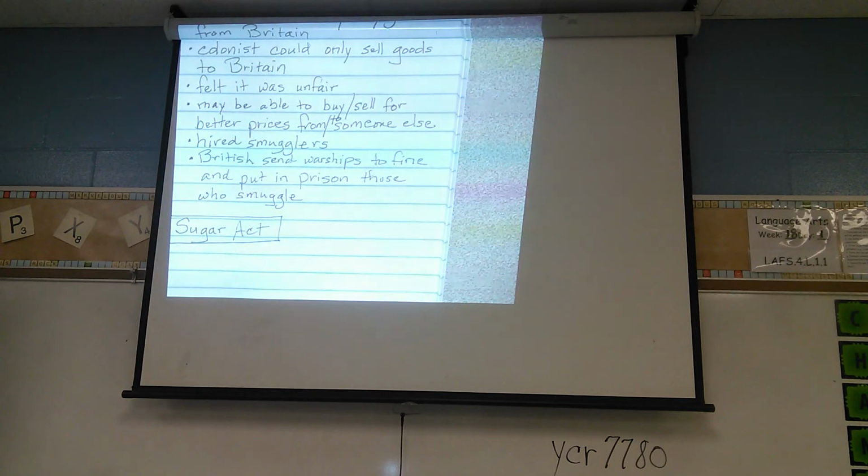This act made it very expensive for the colonists to import one of their favorite products, molasses.